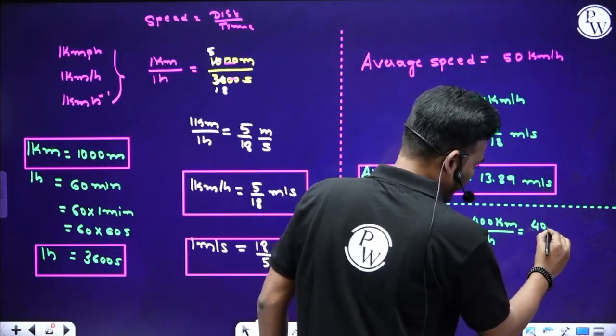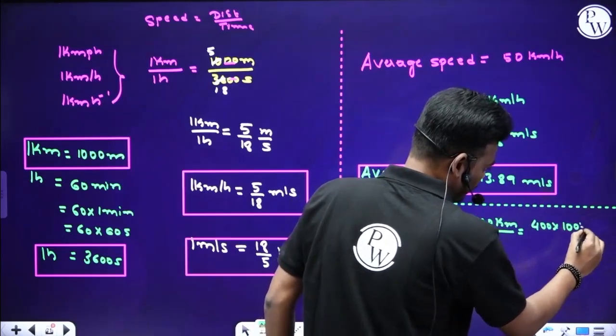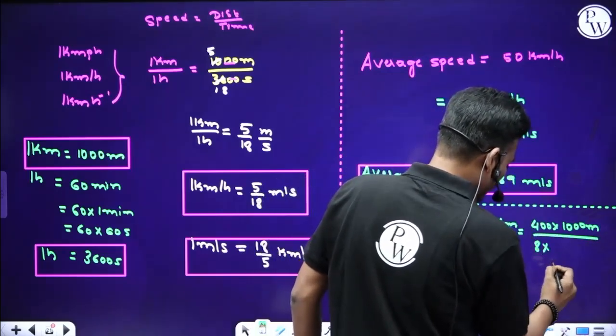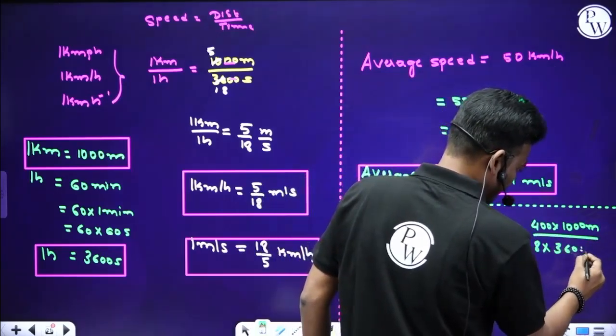So 400 into 1000 meter. Why? 1 kilometer is equal to 1000 meter. And 8 into 1 hour is equal to 3600 seconds.